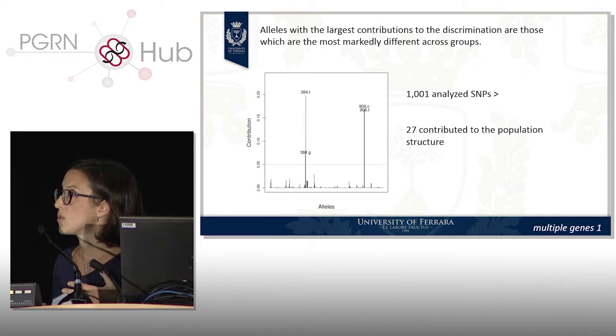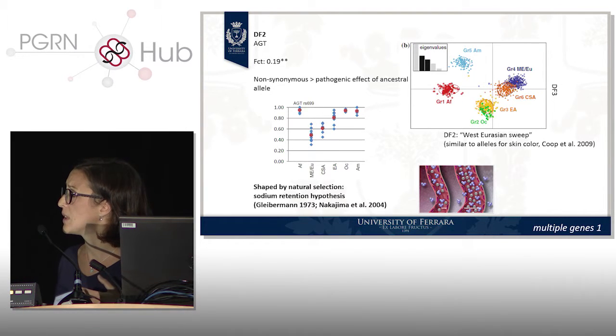So in other terms, the genetic structure that we saw is not supported by all these SNPs, but only by a few of them. And here you see, I just picked one of these SNPs that is significantly contributing to discriminant function 2, so this pattern that I called the West Eurasian sweep.